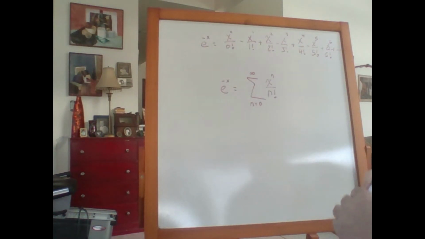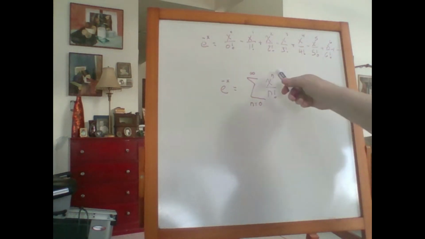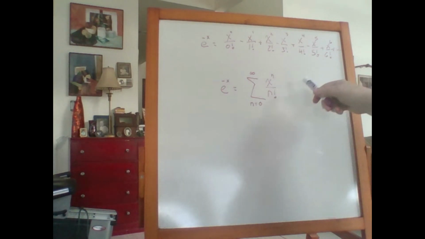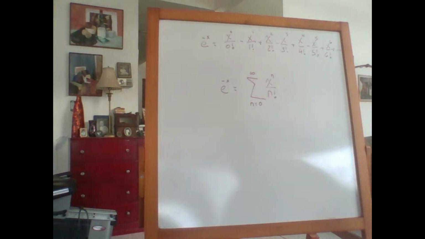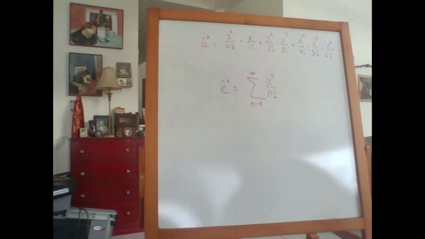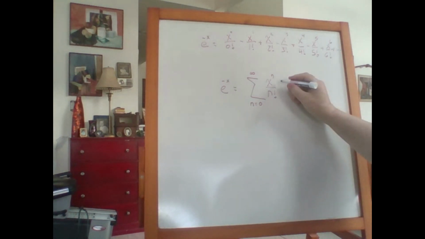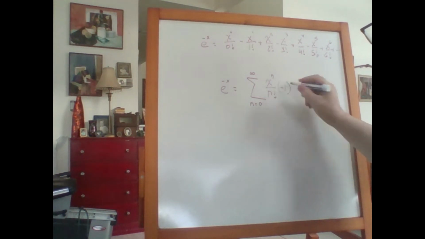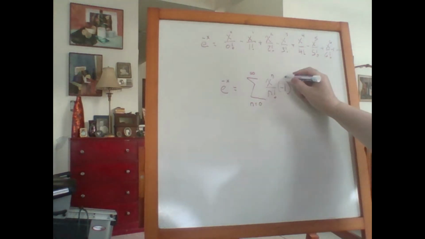And that seems to work, doesn't it? 0, 1, 2, 3, 4, 5, and so on. And we're not missing anything. The only thing different is now we have to add that -1 term to alternate. So we got -1 to the n.